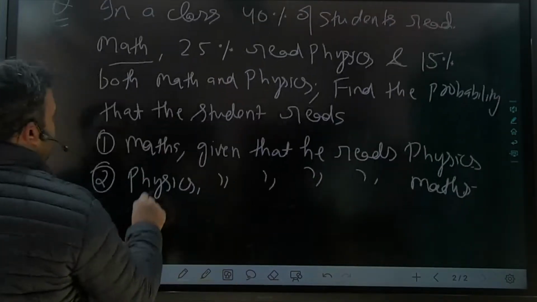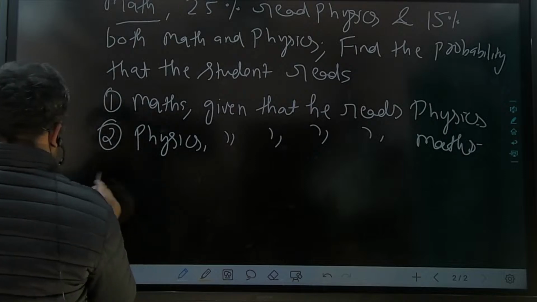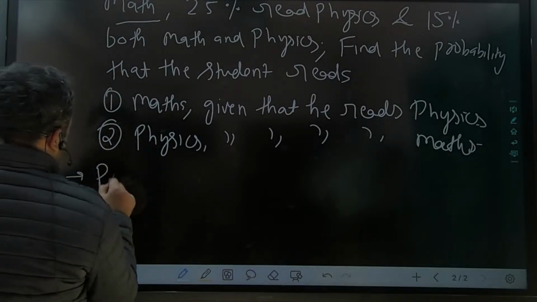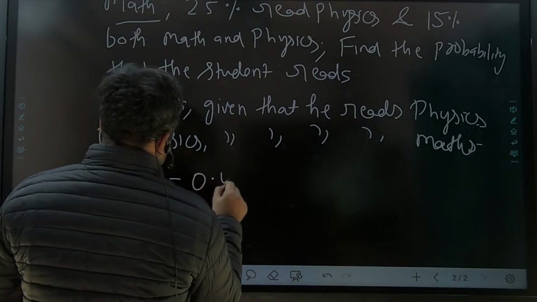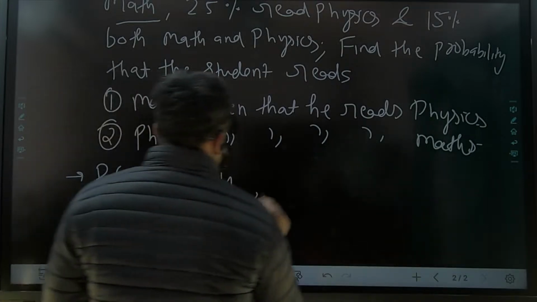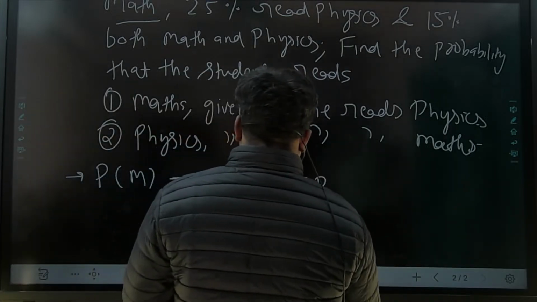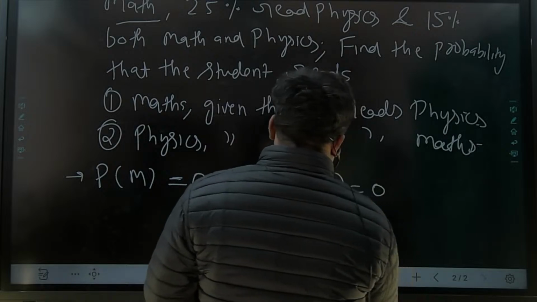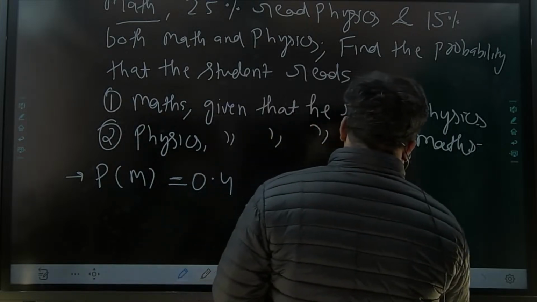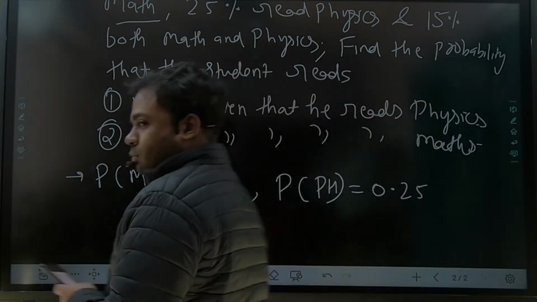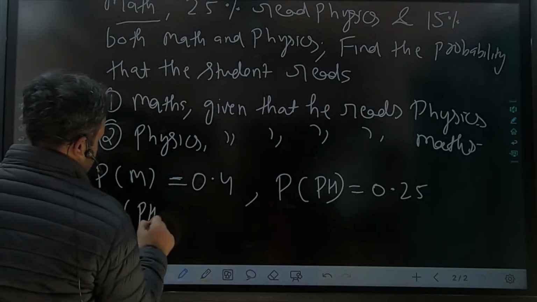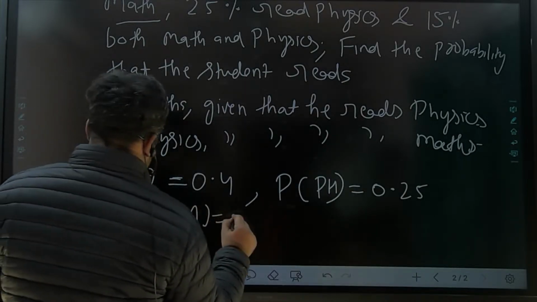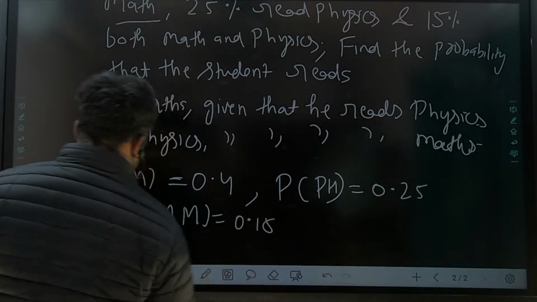In terms of probability, the probability of students reading maths is directly 0.4, the probability of students reading physics is 0.25, and the probability of a person studying physics as well as maths is 15%, 0.15.